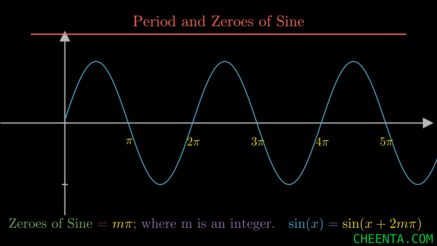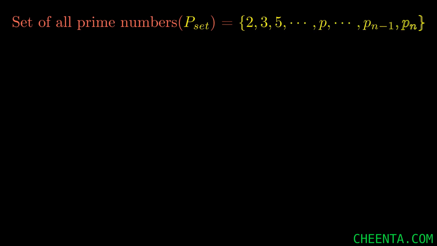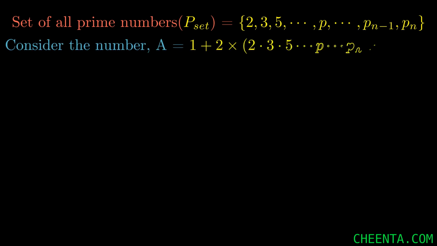So now let's understand how we can prove the infinitely many primes theorem. Suppose there are only finitely many primes and P is the set of all the prime numbers in existence. Now I will create a number using all of these prime numbers. Let's consider a number A which is 1 plus 2 times the product of all prime numbers.